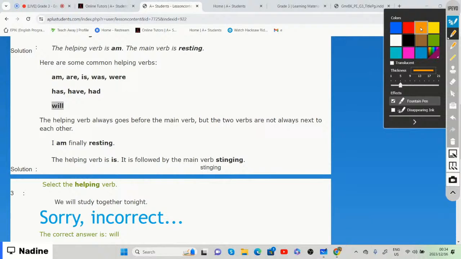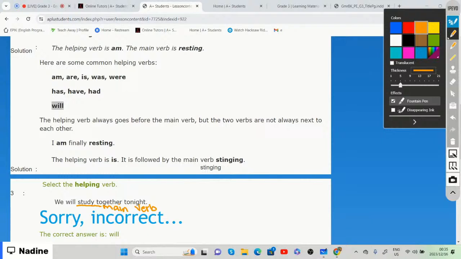So we're going to first identify the main verb. We can say that the main verb is study. So I'm going to write the main verb, because the main verb is study. But now, what is our helping verb?